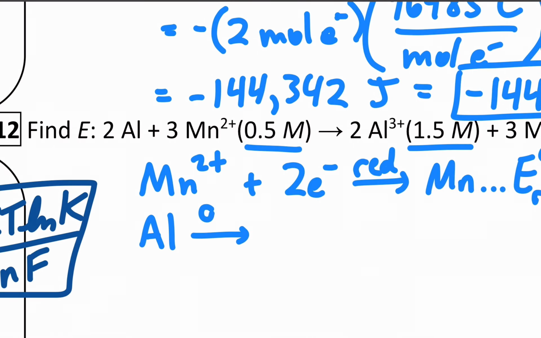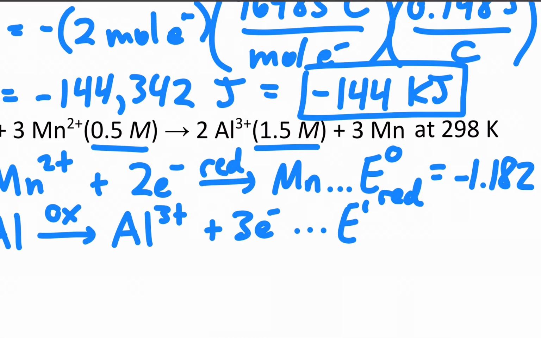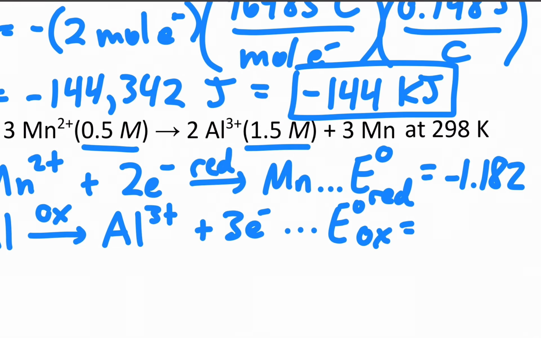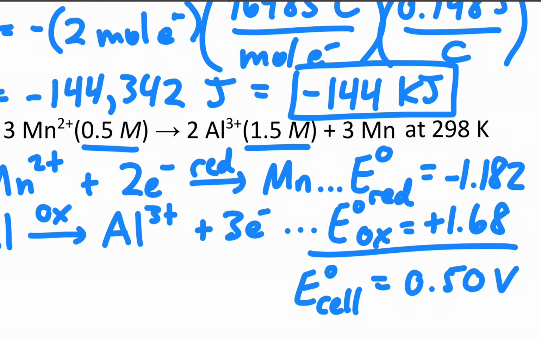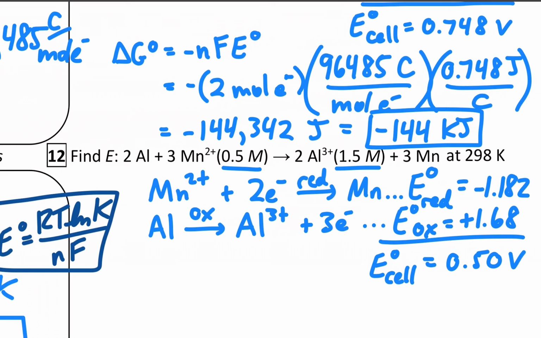Aluminum will get oxidized to aluminum 3 plus and 3 electrons. And the oxidation, you look up the reduction, you flip the sign, you get positive 1.68, and you add the 2. We get the standard potential for the cell is 0.50 volts, just round to the hundredths place.